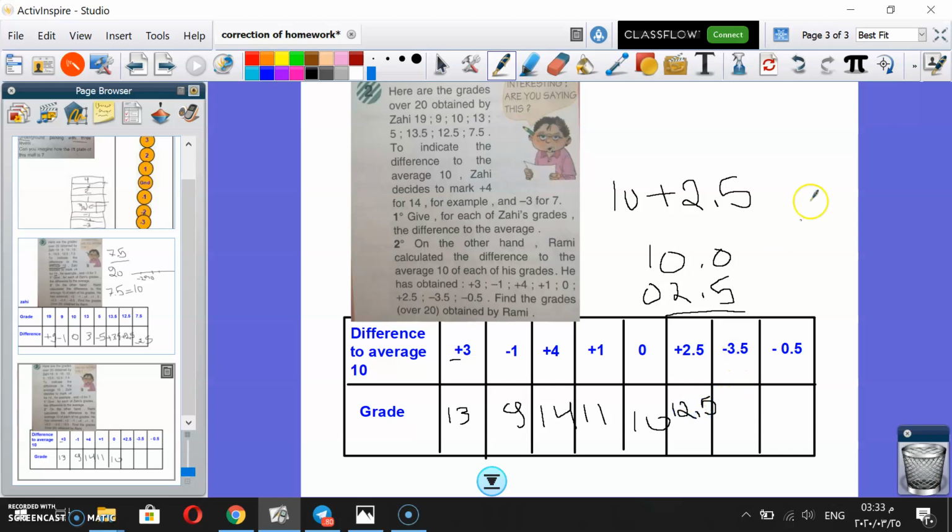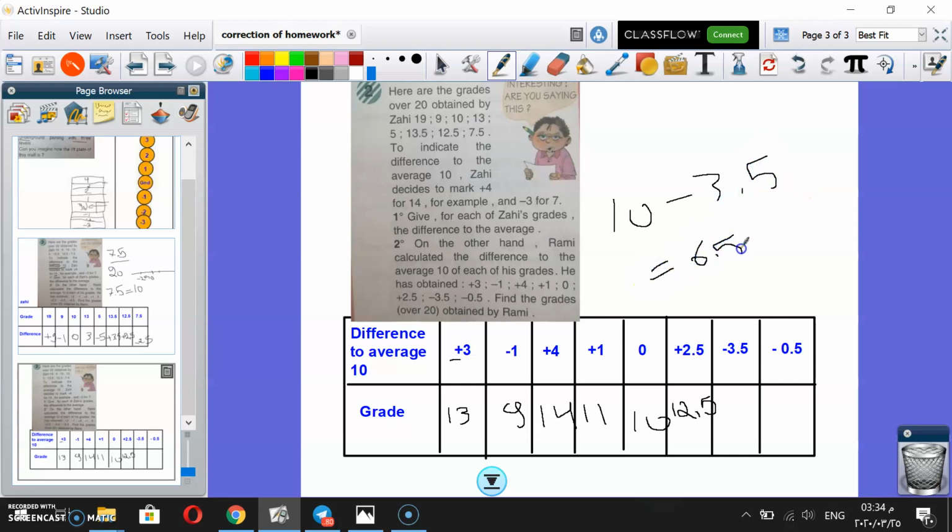Minus 3.5. So it's 3.5 below the average. So 10 minus 3.5 equal 6.5. You can do it by yourself.